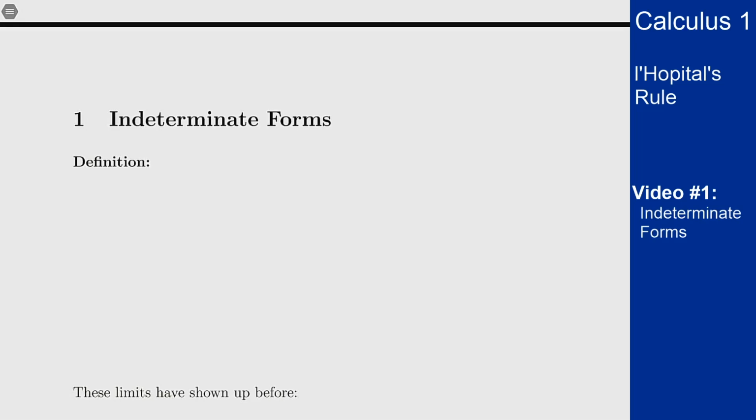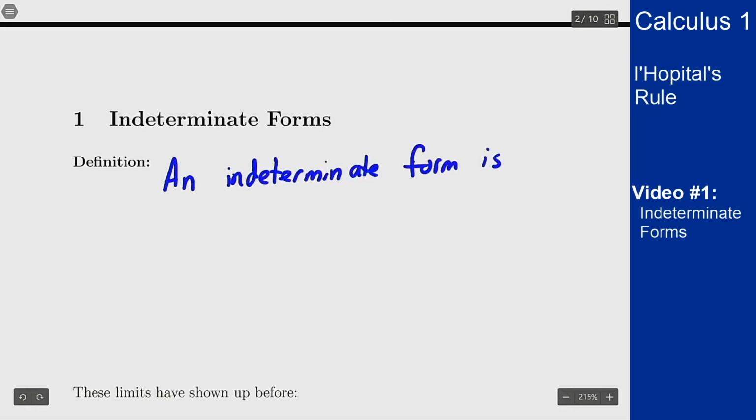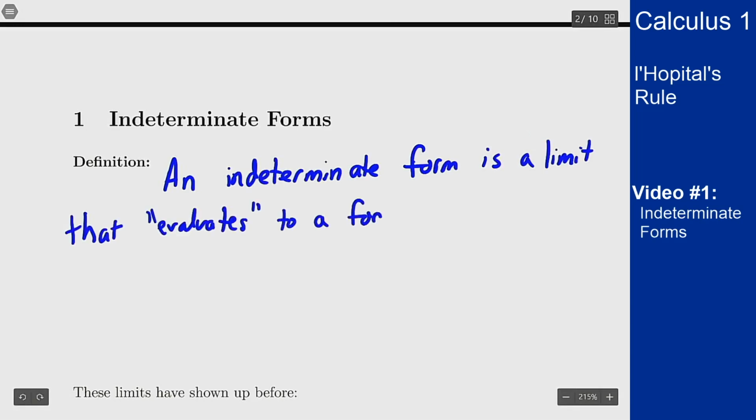So what I mean by that is an indeterminate form is a limit that evaluates to a form like 0 over 0, infinity over infinity, 0 times infinity, infinity minus infinity, and there are a few others.